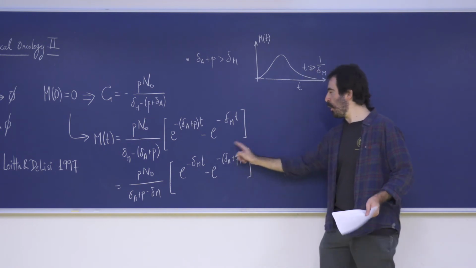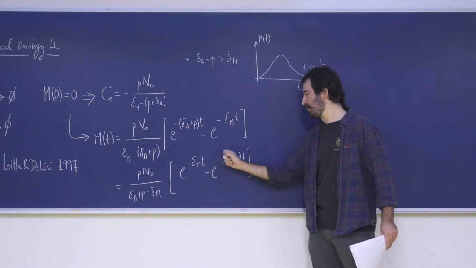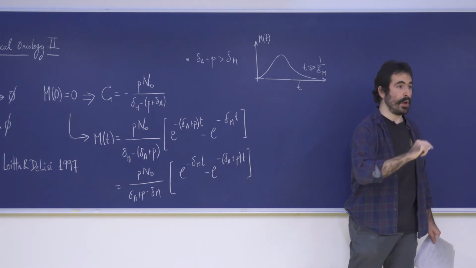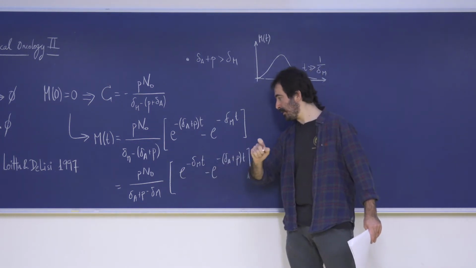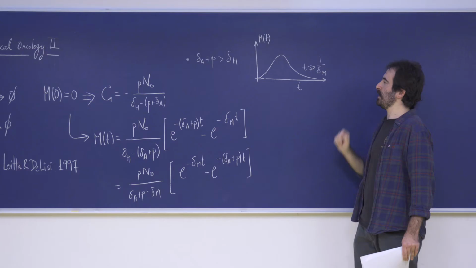This will already be quite 0, because this is quite large, and therefore e to the minus something that is pretty large is going to be 0 quite faster than this part here. But eventually all will go to 0, and then we'll have something that looks exactly like this.